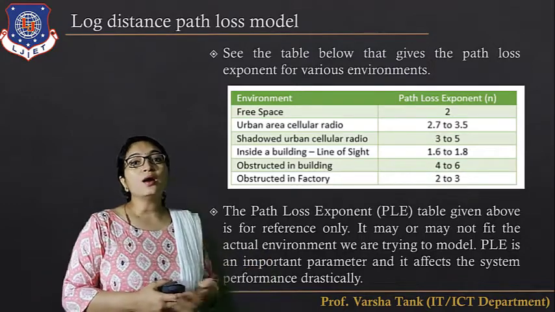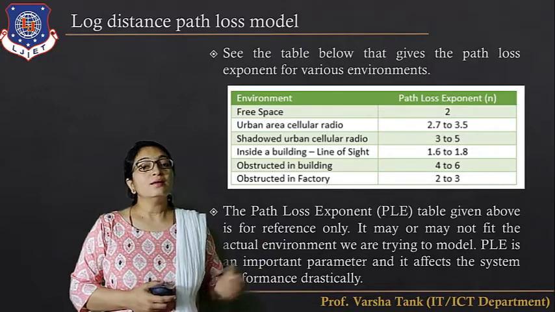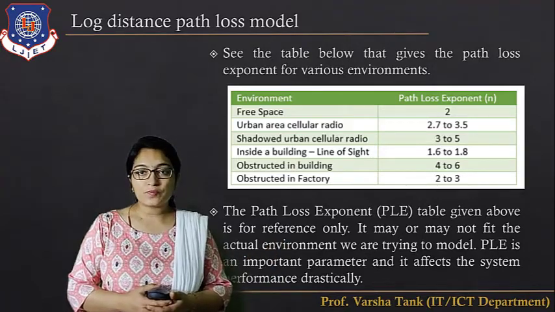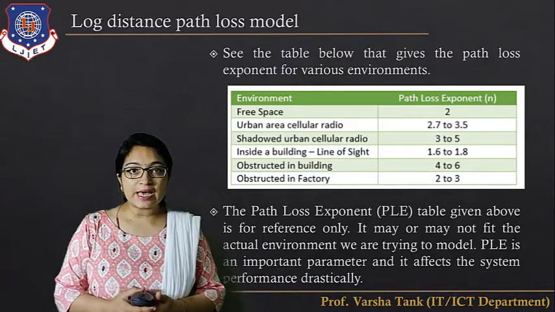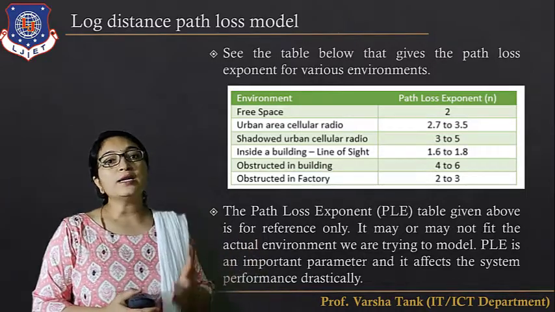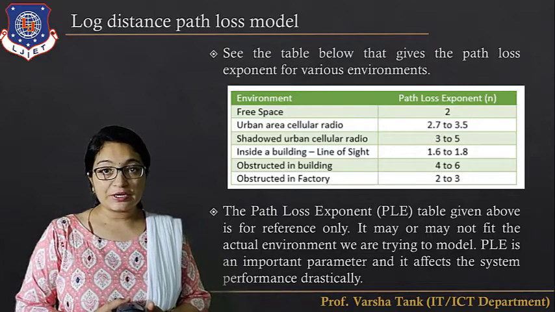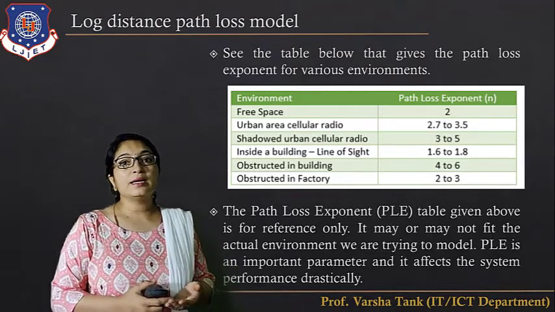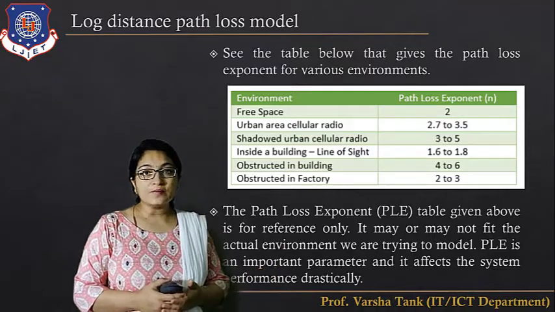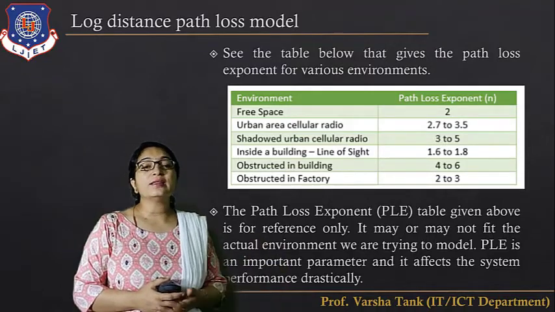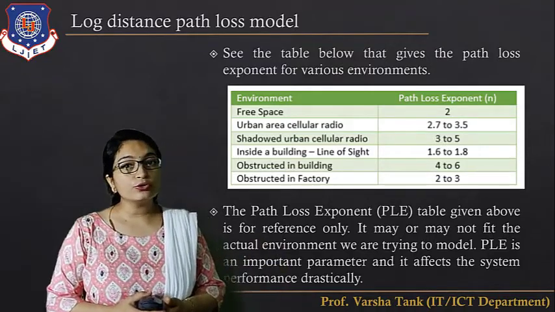For shadowed urban cellular radio, it is 3 to 5. Inside a building with line of sight communication, the path loss exponent is 1.6 to 1.8, but if inside the building it is obstructed, then it is 4 to 6. Obstructed in factories, the path loss exponent is 2 to 3.